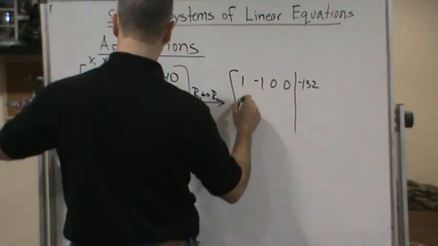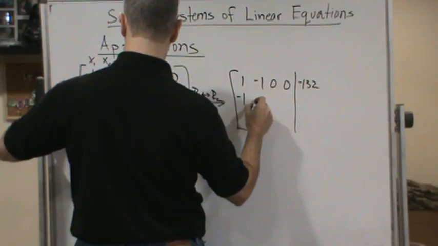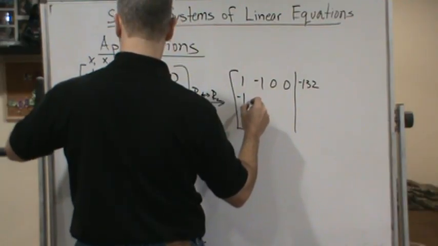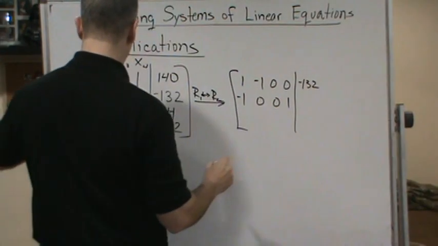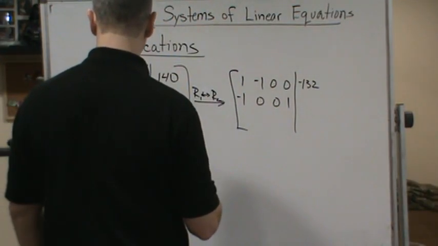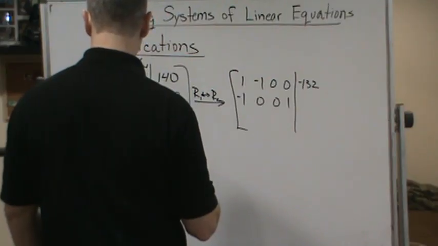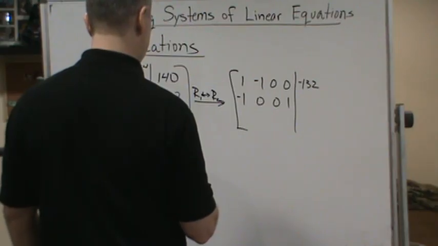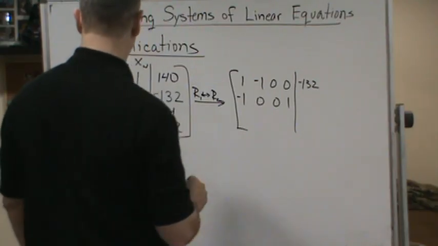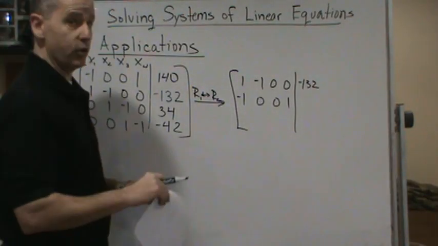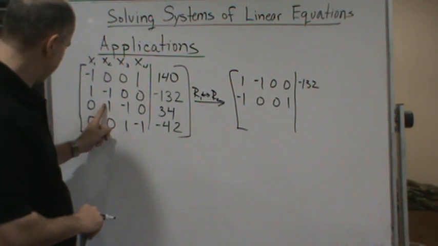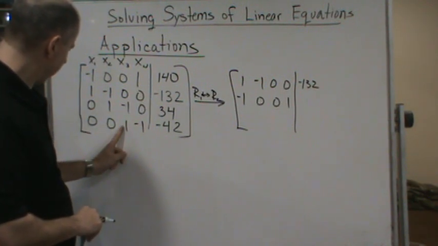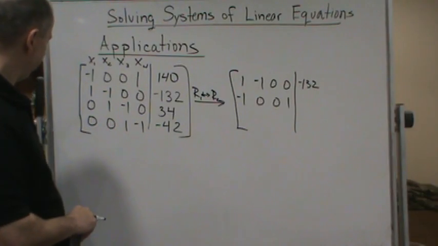And this is going to be -1, 0, 0, 1. Okay, and so just so you see what I'm doing, notice that I've got a positive one here, a positive one here, a positive one here, and a positive one there.